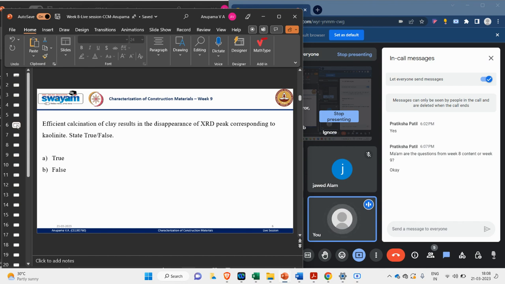So you have a kaolinite clay and you calcine it or increase the temperature, then there is a disappearance of the kaolinite peak from the X-ray diffractogram. Is that a true statement or a false statement?